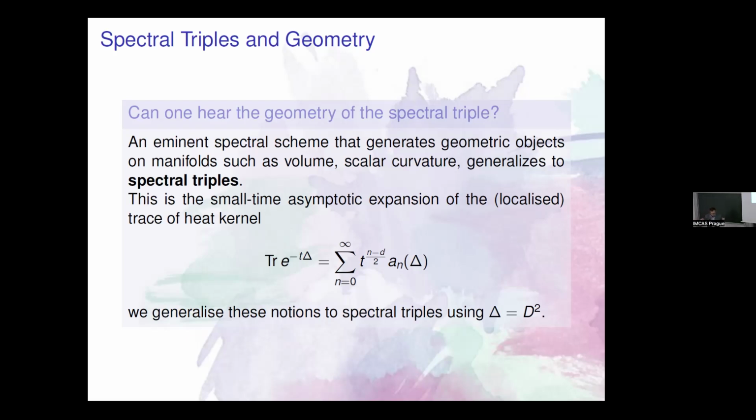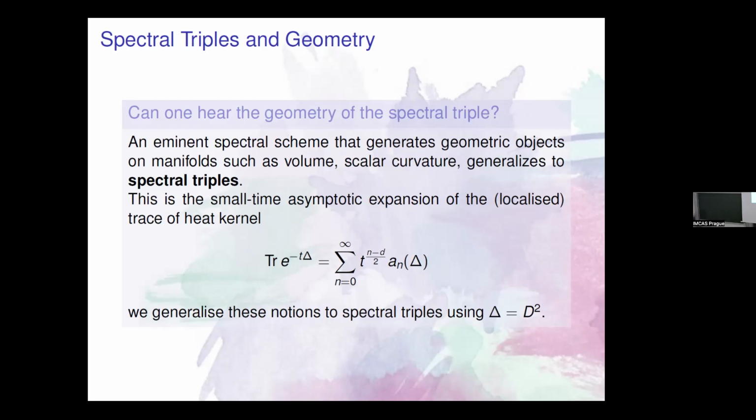The idea is to give a notion to things that we use in geometry, like the differential calculus, the metric, the connection, and all the things, encompassing all possible, or at least many possible, examples. And the idea is to use spectral triples.